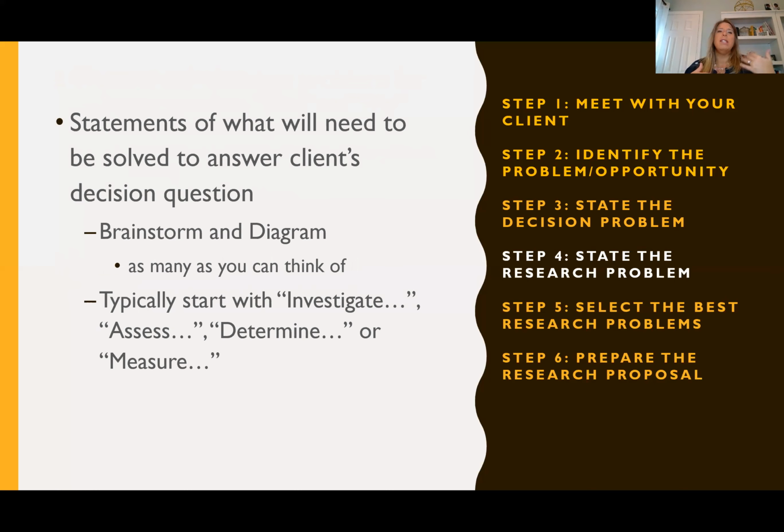Usually for each decision problem, we will have 3 to 4 research problems that will answer that decision problem. So these research problems are statements of what will need to be solved to answer the client's question.